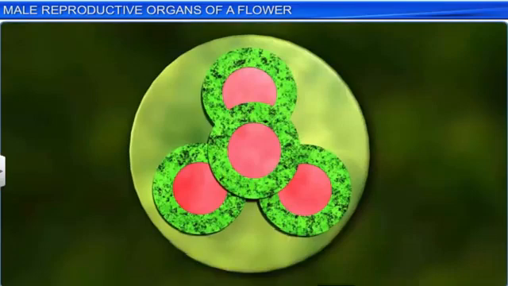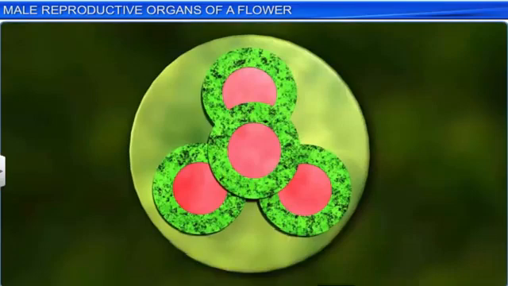This fusion, known as syngamy, or first fertilization, results in the formation of a diploid zygote. Meanwhile, the other male gamete moves towards the 2 polar nuclei and fertilizes them to produce a triploid primary endosperm nucleus, or PEN.